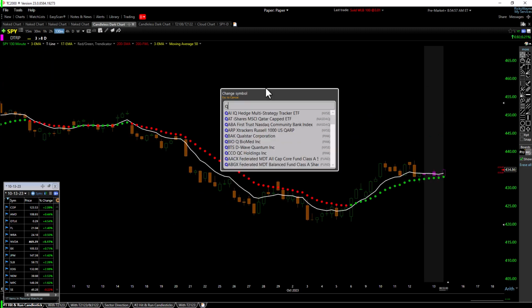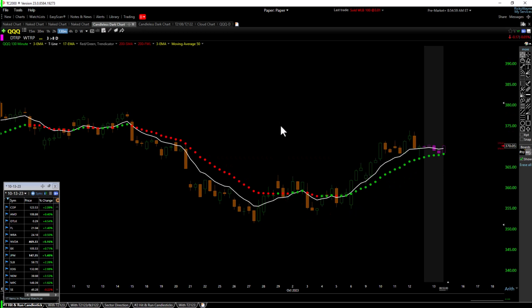Take a look at the Qs. Look at those Qs. Look at that bottom here in the 3-bar chart. For those that don't know, the 3-bar chart is nothing more than a 130-minute chart.